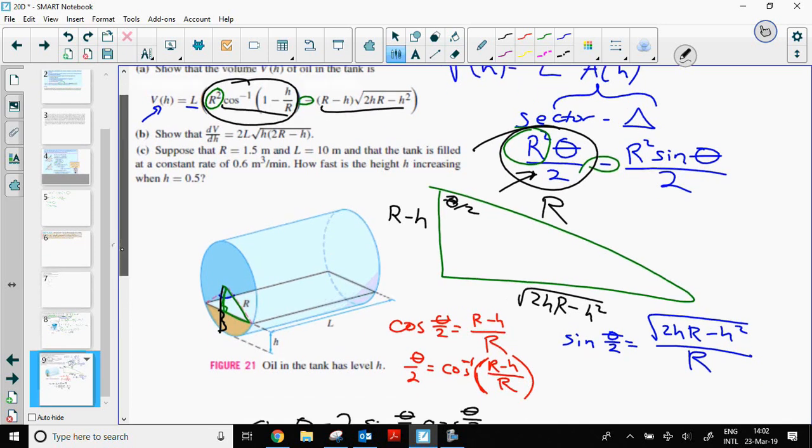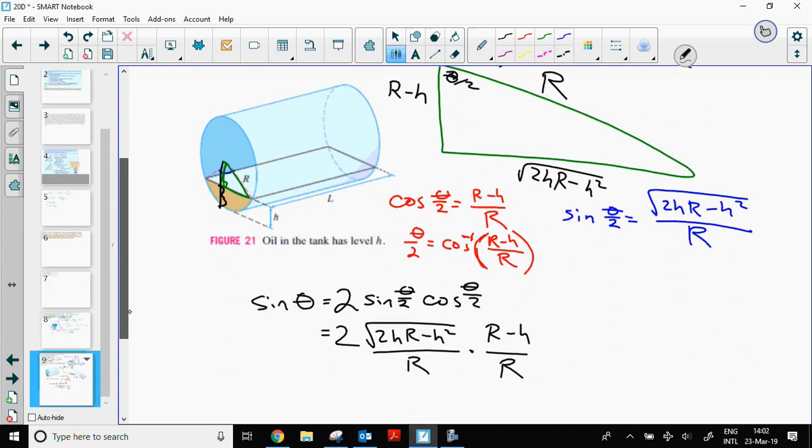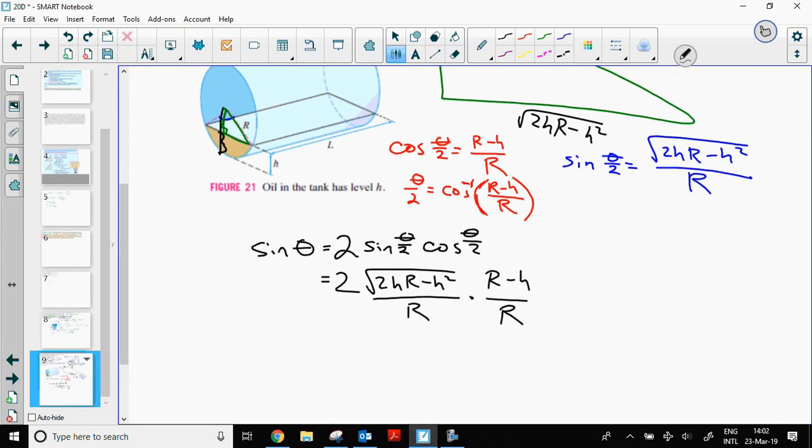And we can do that by working out what the sine of theta is. Now theta is of course twice theta over 2, so I can use my double angle formula. I can then substitute in the values for sine of theta over 2 and cosine of theta over 2. And then check this out, right?